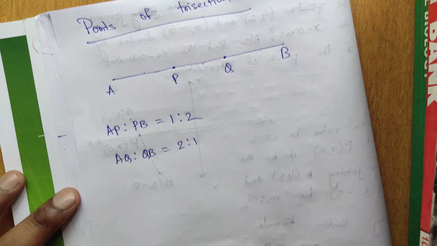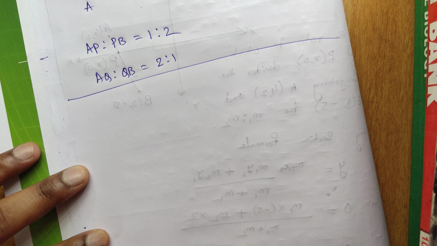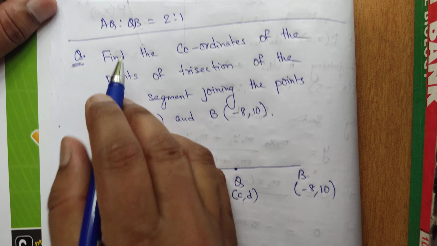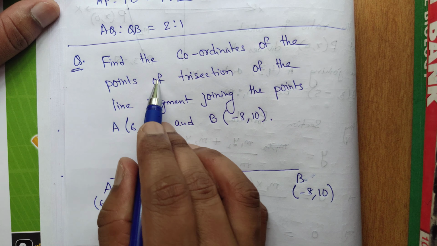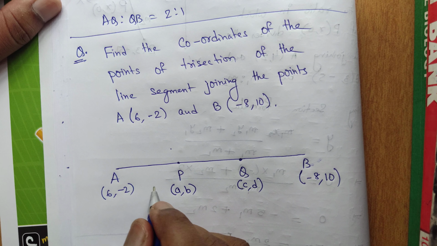Okay, now let me take a question and then solve it for you. So the question is, find the coordinates of the points of trisection of the line segment joining the point this and this. So there is a line segment joining A and B. You have to find the points of trisection of this line. So since these are the points of trisection, that means these 3 parts are going to be equal.